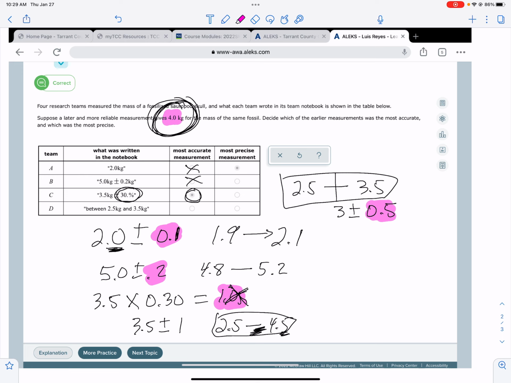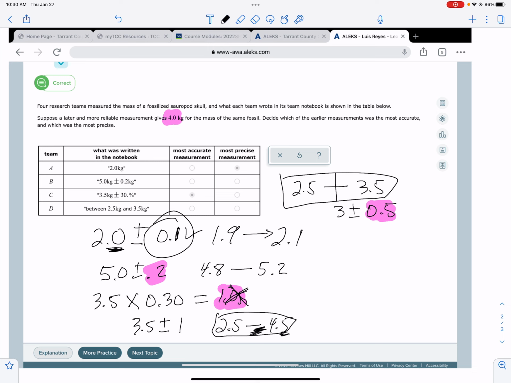So which one is the smallest one? I would have to say 0.1, right? And that's what the answers are. C for the most accurate, and the most precise, the one with the smaller plus or minus, will be A.